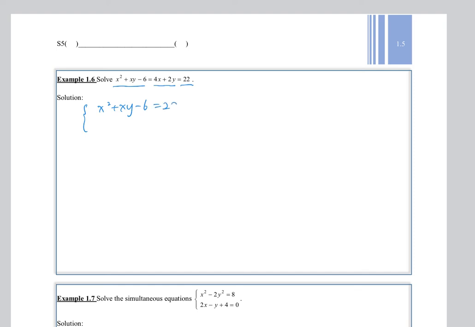For example, the first part equals 22, or the second part equals 22. And of course, you may also choose x squared plus xy minus 6 equals 4x plus 2y. But this one is obviously not really nice because these two are much easier to calculate. So we rule out this and we form equation 1 and equation 2.